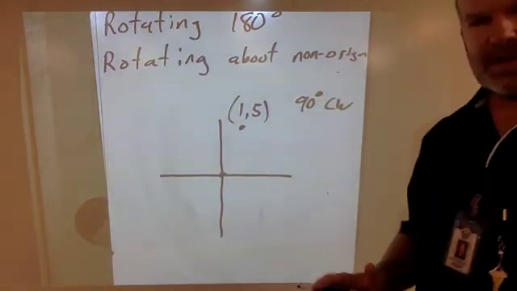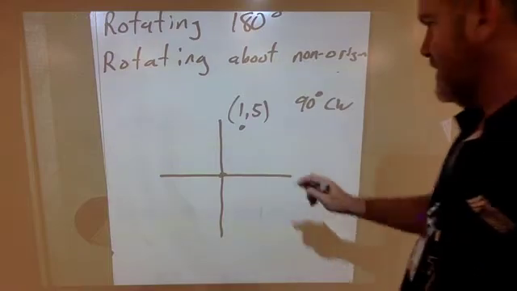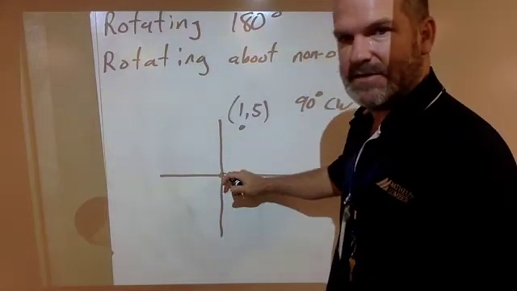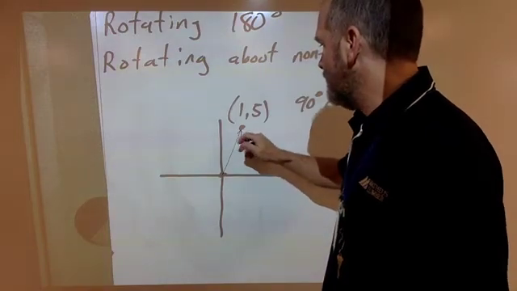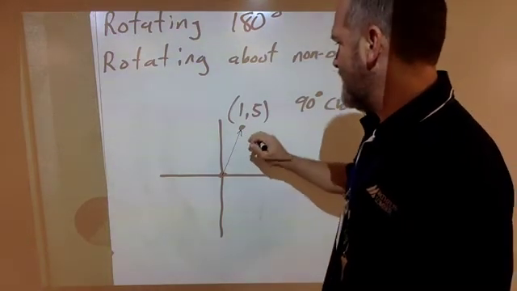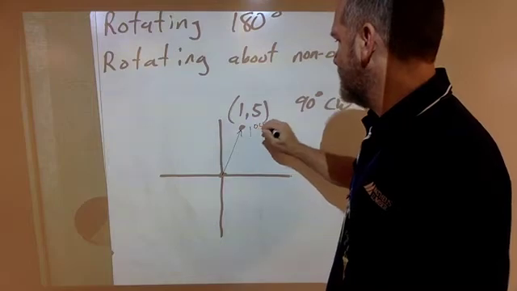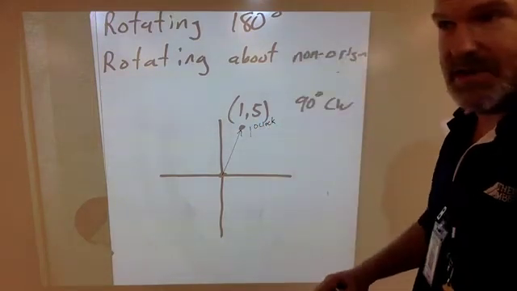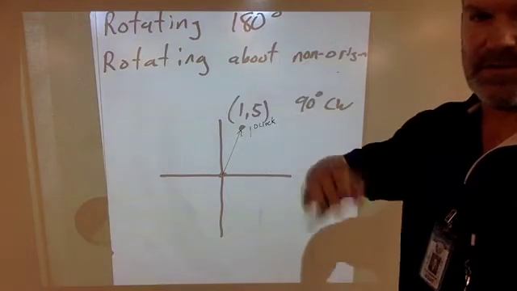All right, if you use the clock analogy, this is your center, that's the beginning of the hand, the center of the clock, is pointing at 1, 5, which if this is a clock, that's about 1 o'clock, I'd say is where that hand is pointing. So 90 degrees, unlike 180 degrees which was 6 hours, 90 degrees is only 3 hours.